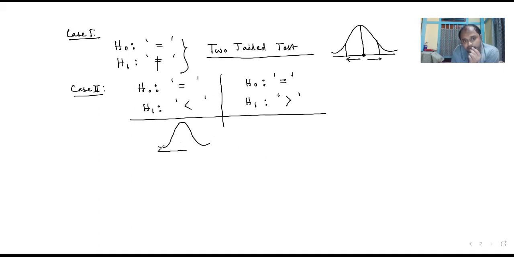If I'm talking about the normal population, that if this point, I'm not sure about this point, then for the sub case one, I have this left tail open, and for this sub case two, I have this right tail open.